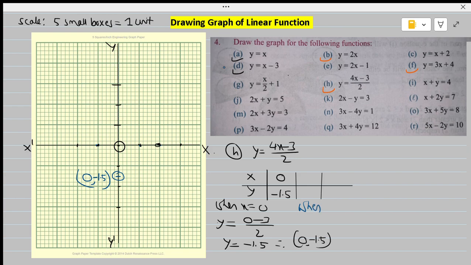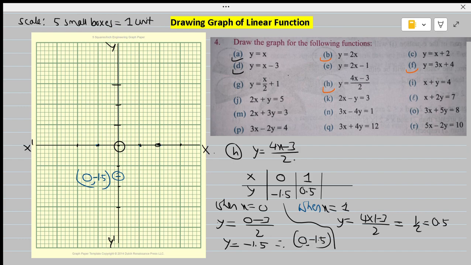Okay, now let's take another point. So we keep x equal to 1, so y equals 4 into 1 minus 3 divided by 2. So you get 4 minus 3, 1 by 2, and that is 0.5. So when we keep x equal to 1, we get y equal to 0.5.